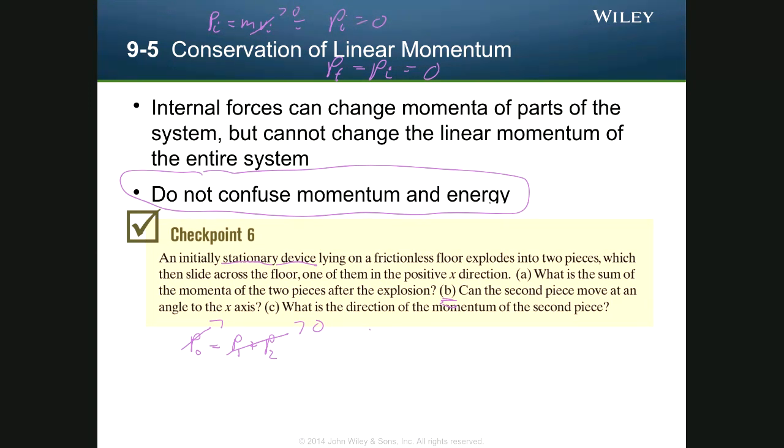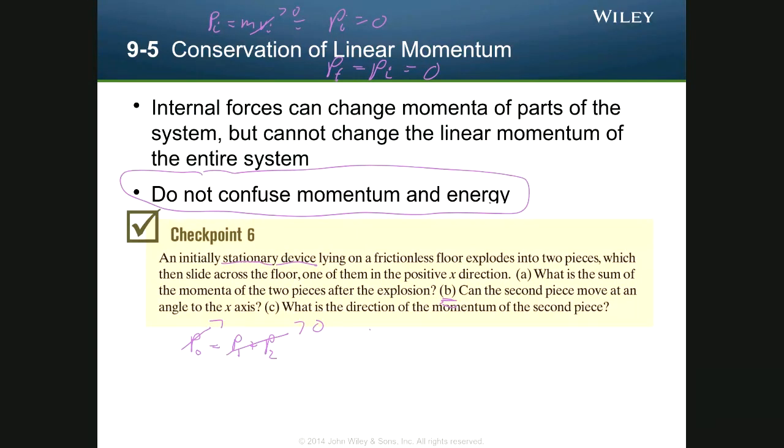If we're moving in the x direction, and momentum has to be conserved in the x direction, that's what we're limited to. So there can't actually be an angle. What is the direction of the momentum of the second piece? Negative x. Good. All right, very good.